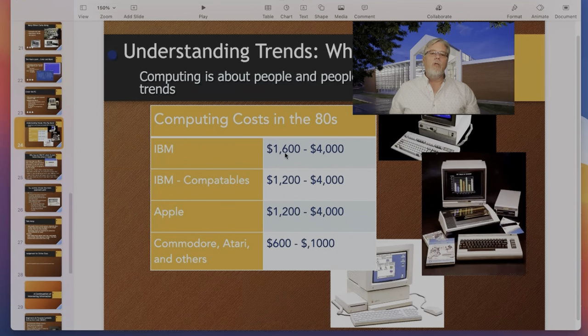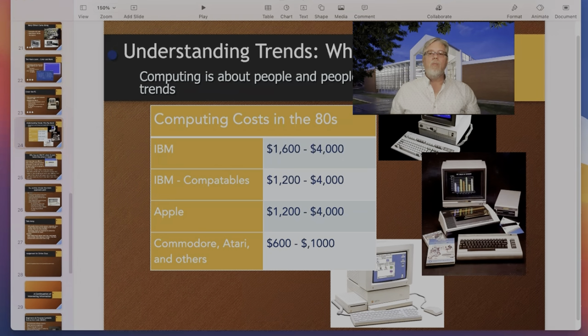But why would these right here on the top become the choice of the world, especially the United States, when you had these that were so much cheaper? Now, I haven't given you any information, but I want you to think about that. Why would you buy something more expensive?